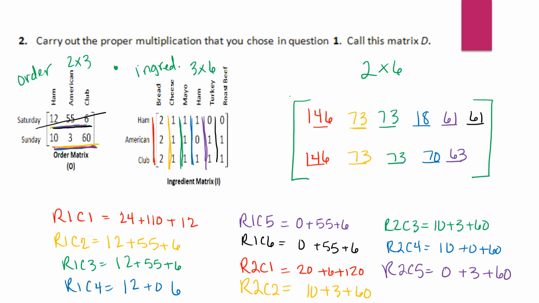And just like the last time with row 1 information, row 2, column 6 is going to be the exact same value as the column before it, so it should have a sum of 63 as well. And there you go. A lot of multiplication.